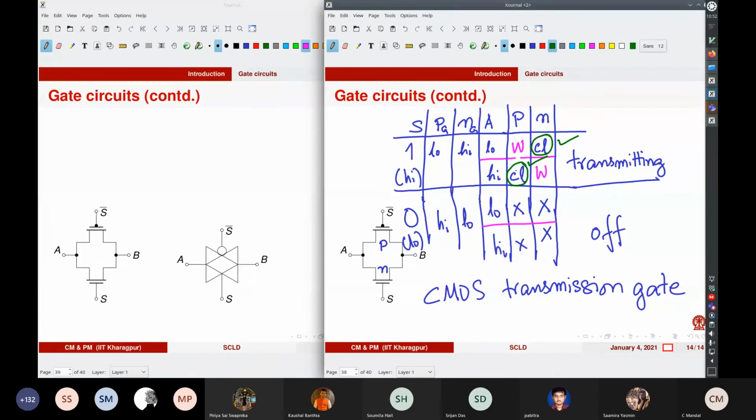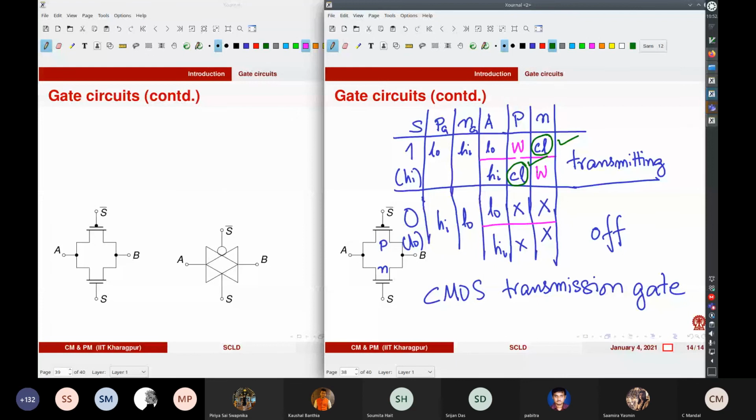So these are the cases when the gate is transmitting, and the other cases are kind of irrelevant because you have one transistor which is transmitting, and this transistor is in parallel with that. So it transmits weakly, and it doesn't create a problem.